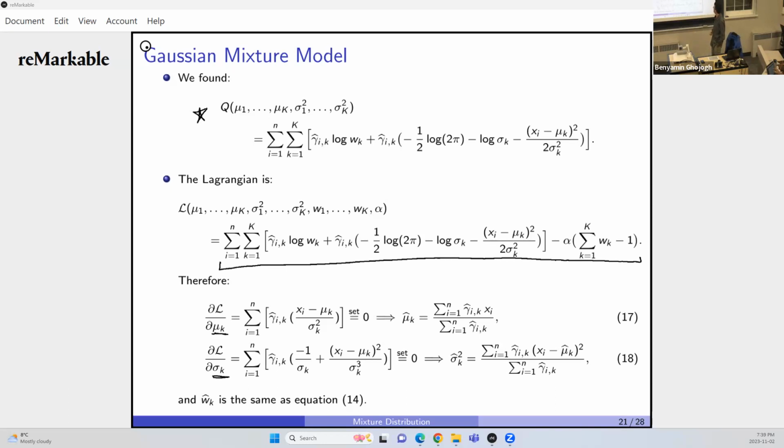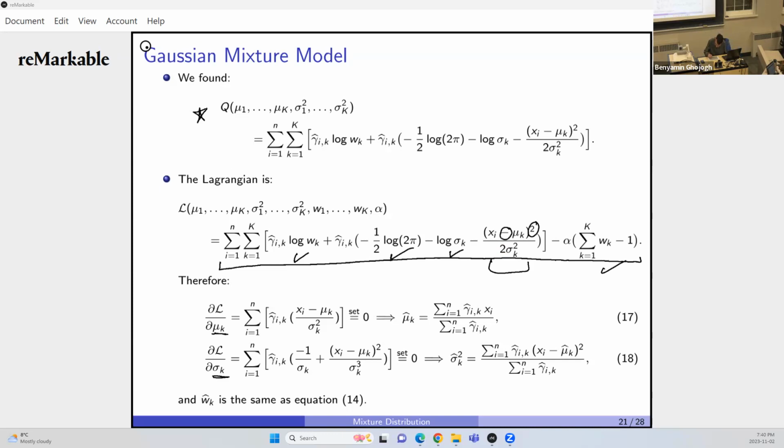With respect to mu, what happened? This is constant, constant, constant, this constant. Only this term matters, its derivative with respect to mu. It's so obvious, right? It's a quadratic function, so it becomes this. These 2 and 2 cancel each other in the derivative.